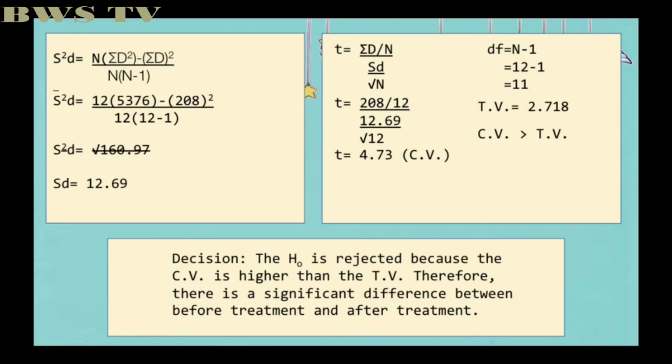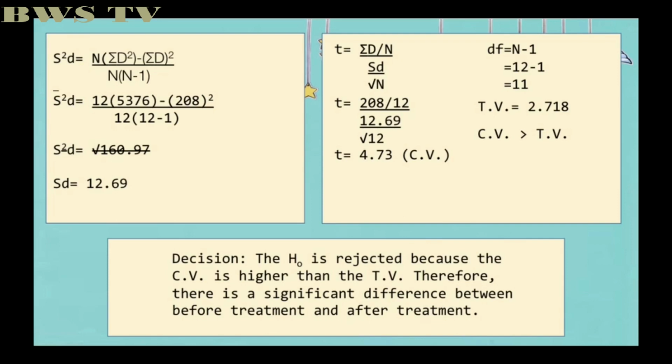Substitute 12 times 5376 minus 208 squared over 12 times 12 minus 1. The value is 160.97, and we will find the square root, which is 12.69.